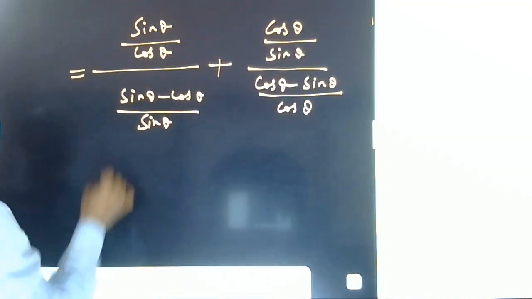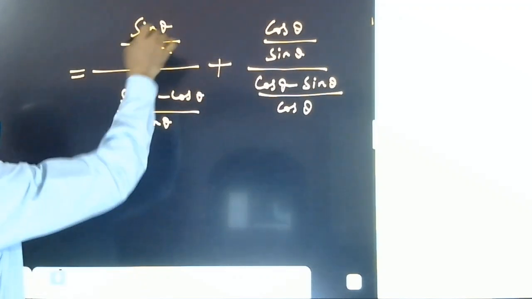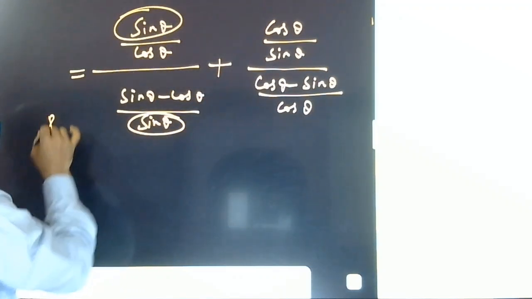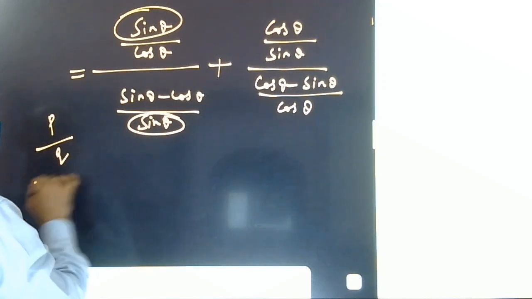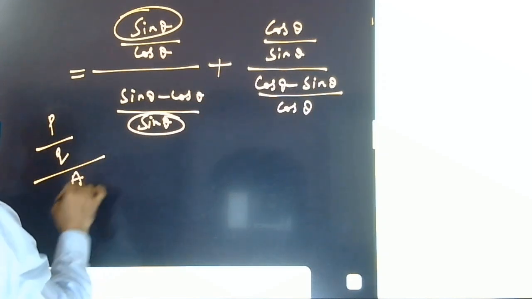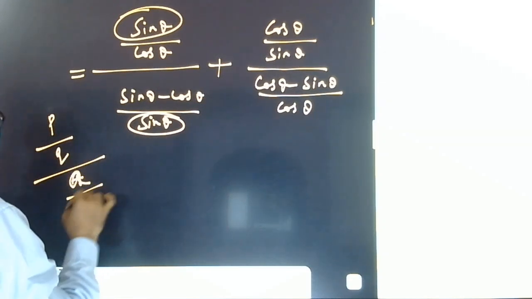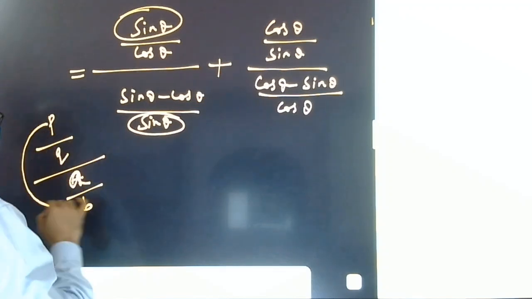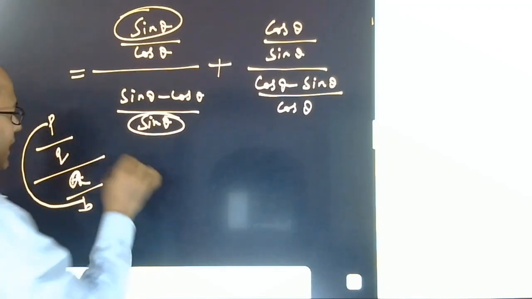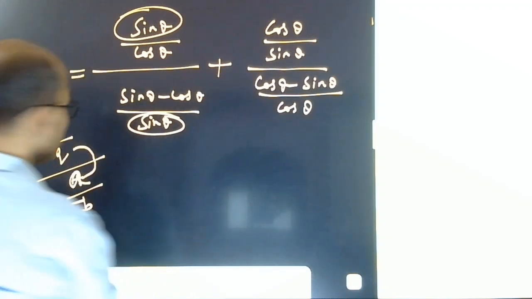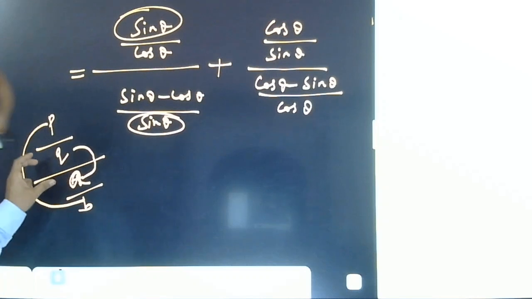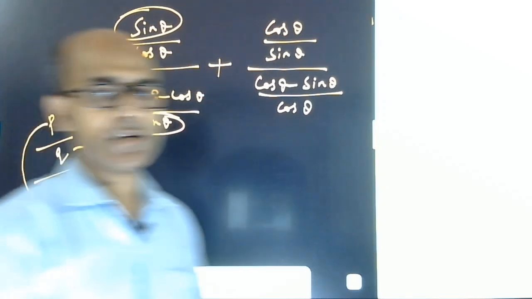After this, we can see one thing: the uppermost and the lowermost, if we are given like this, PQ and AB, for example, I am writing. In this situation, the uppermost and the lowermost are multiplied to each other, and the quantities which are written in the middle are multiplied to each other.